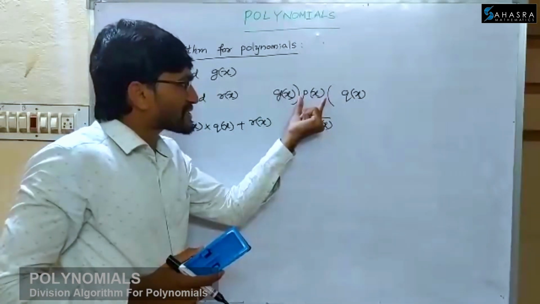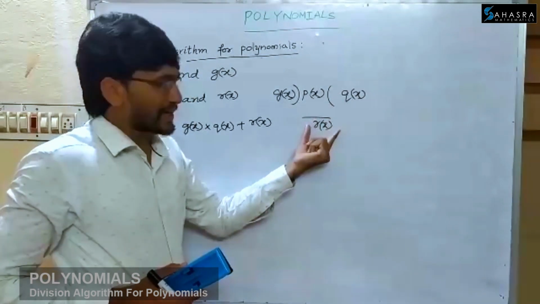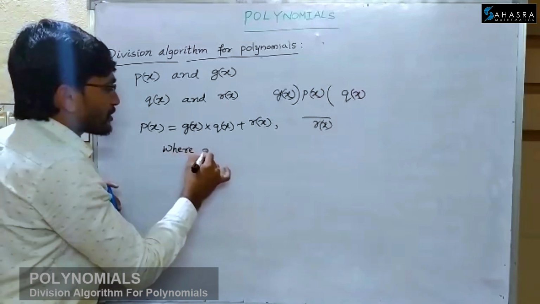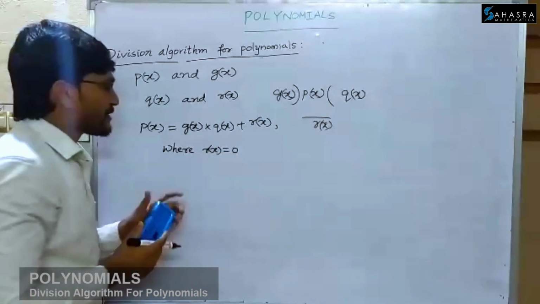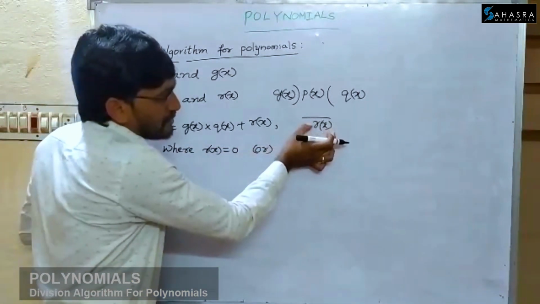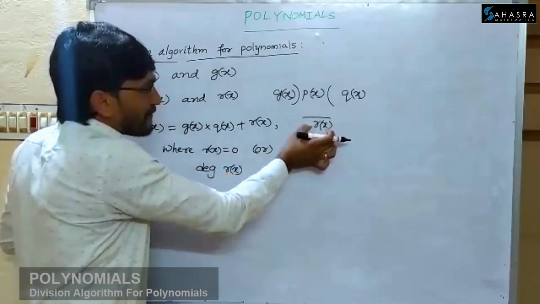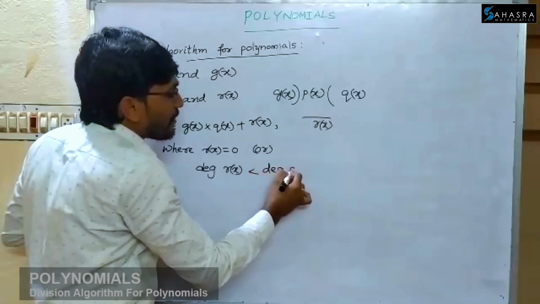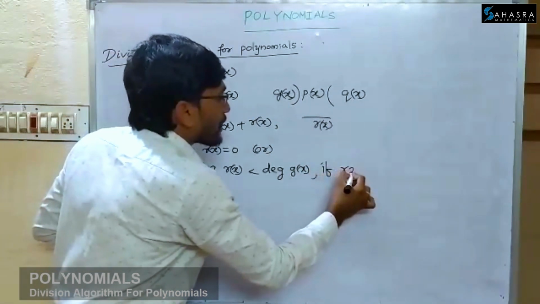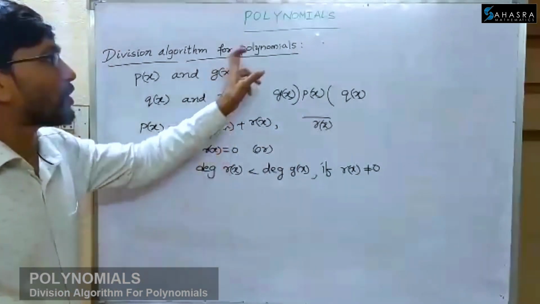So this p of x can be written as g of x into q of x plus r of x, where r of x is equal to 0, or degree of r of x is less than degree of g of x if r of x is not equal to 0. This is called division algorithm for polynomials.